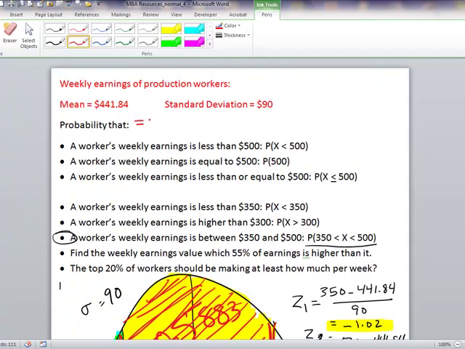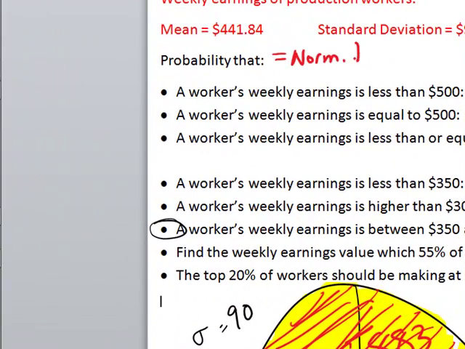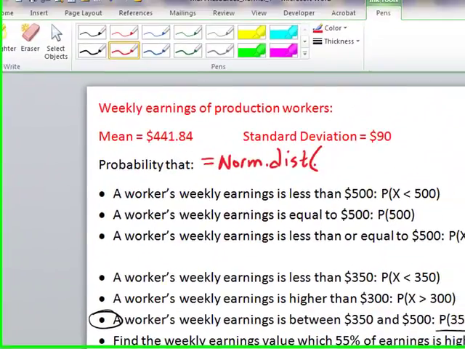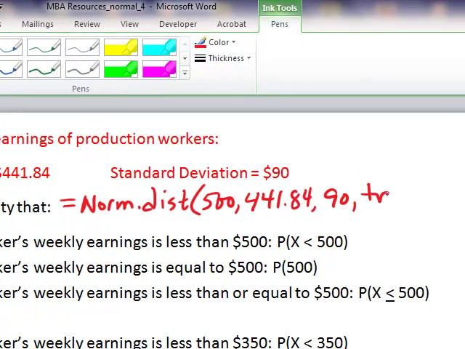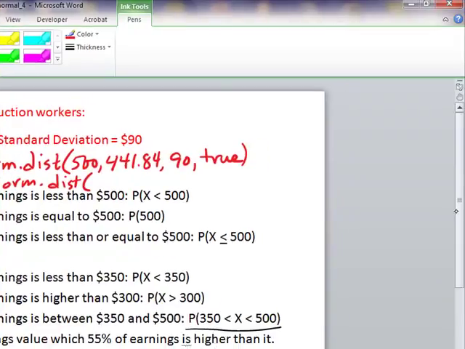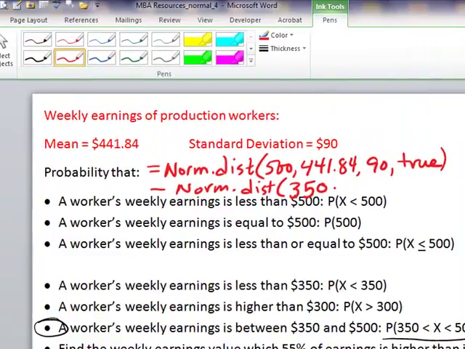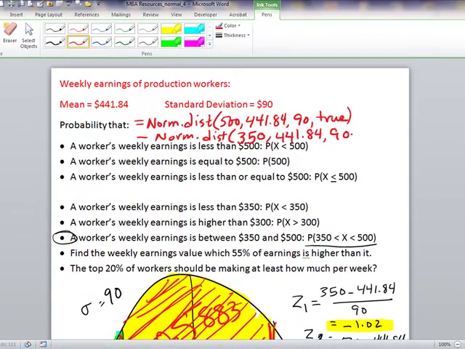So this would be equals NORM.DIST of 500, comma 441.84, comma 90, comma true, minus NORM.DIST of 350. Yes, the number was 350 that we used, comma 441.84, comma 90, comma true.